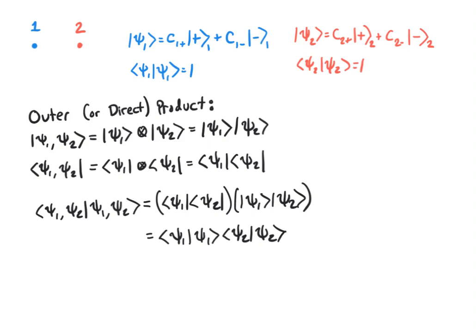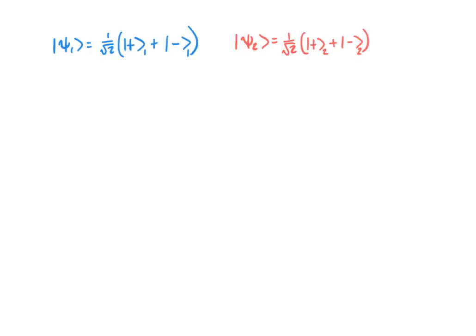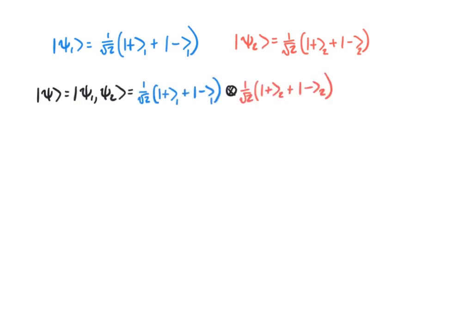So let's do a nice example. Let's have psi 1 and psi 2 basically be the same, and in this case, let's make it the x plus state. So we have 1 over square root of 2 times plus minus for both psi 1 and psi 2. Their combined state is then the outer product of psi 1 with psi 2, which we can write down like this.